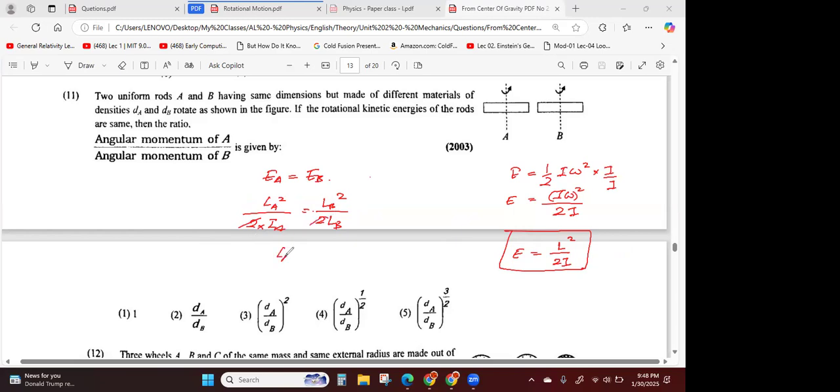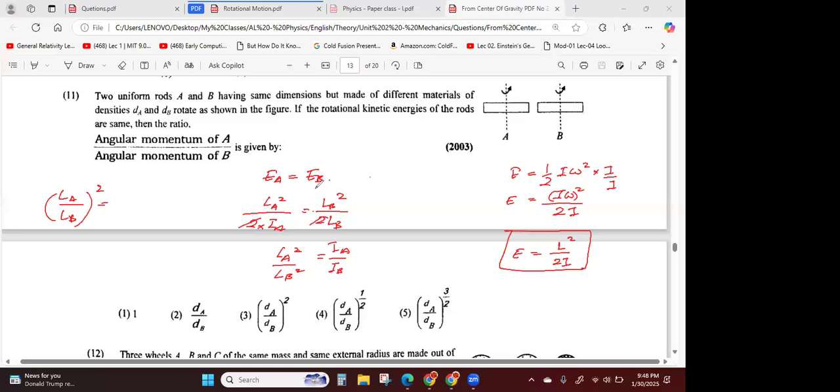Cross multiplying, LA squared over LB squared equals IA over IB. So LA over LB whole thing squared.